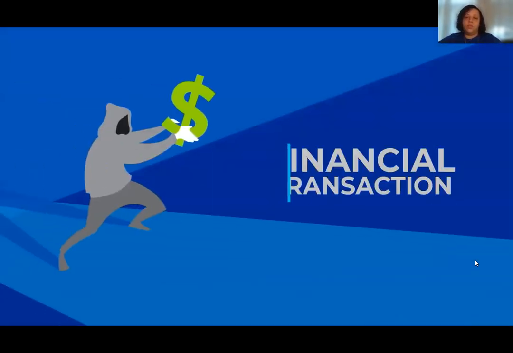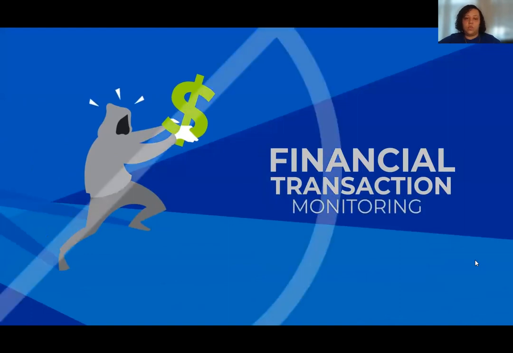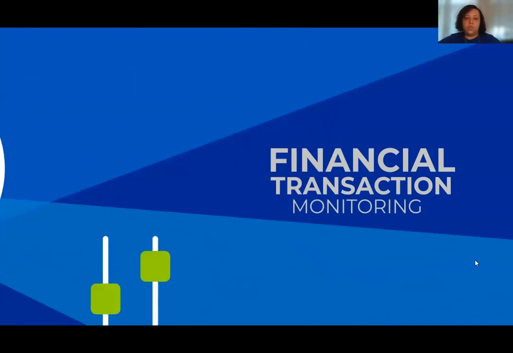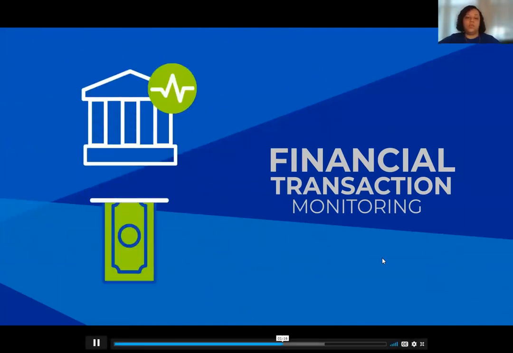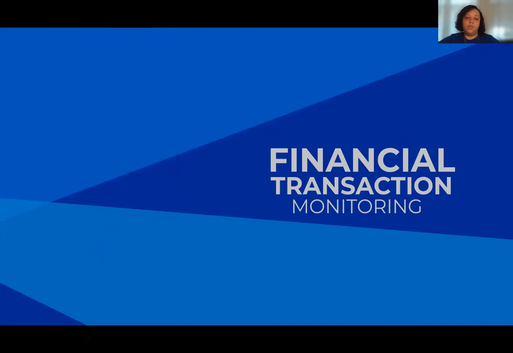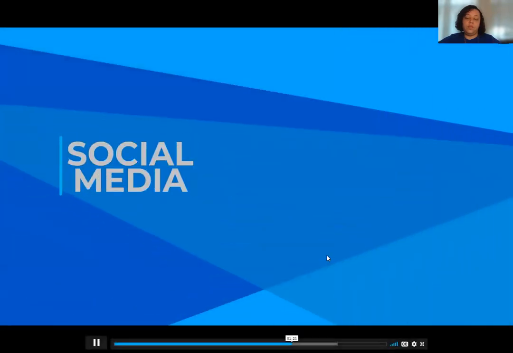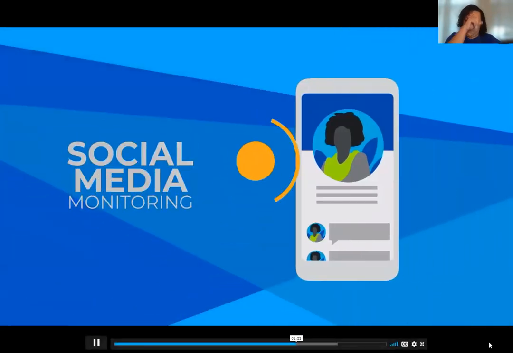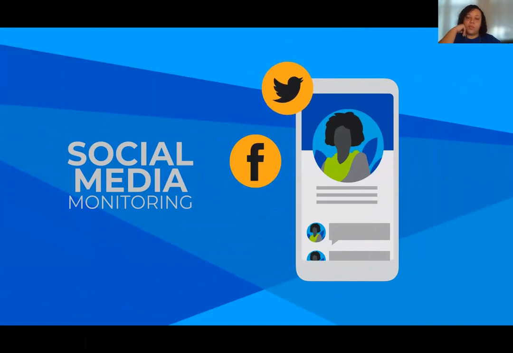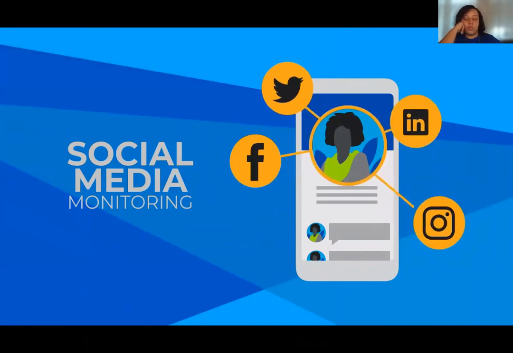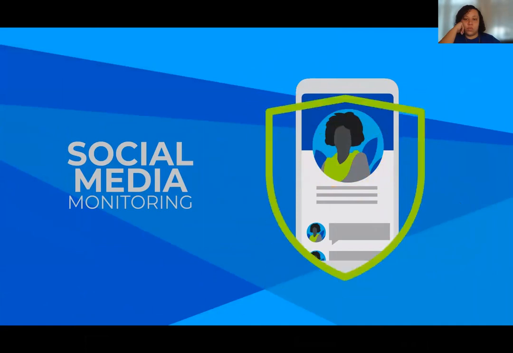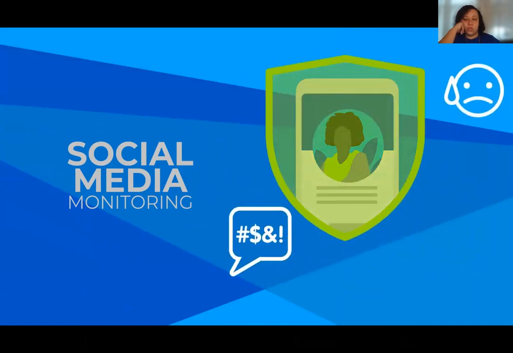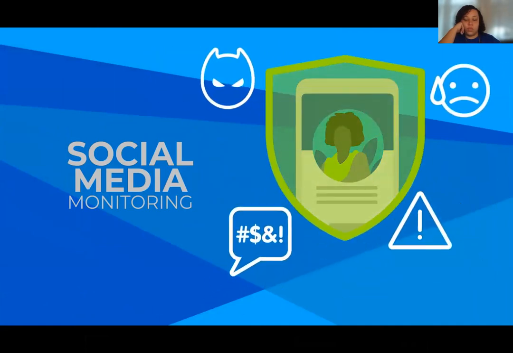Ensure that potential thieves don't actually make off with any of your money, and add your financial accounts to financial transactions to set thresholds, monitor bank activity, and get notified of large withdrawals or changes in balance. Your identity is also digital now, so keep tabs on your social media personas by connecting your Facebook, Twitter, LinkedIn, and Instagram accounts. Social media monitoring watches for vulgarity, cyberbullying, grooming behaviors, threats, and more.